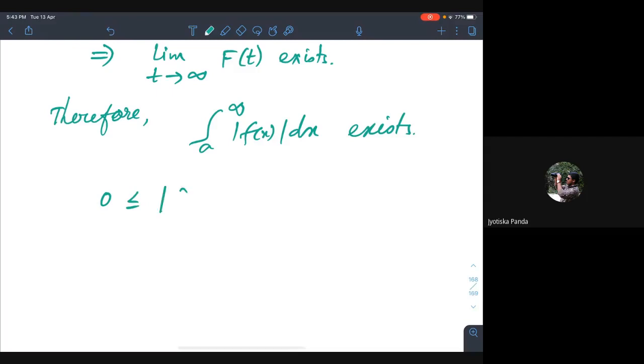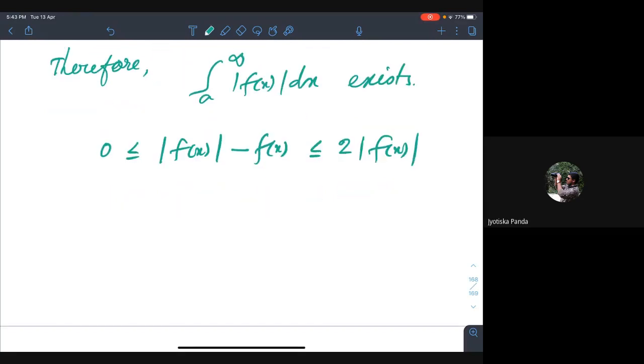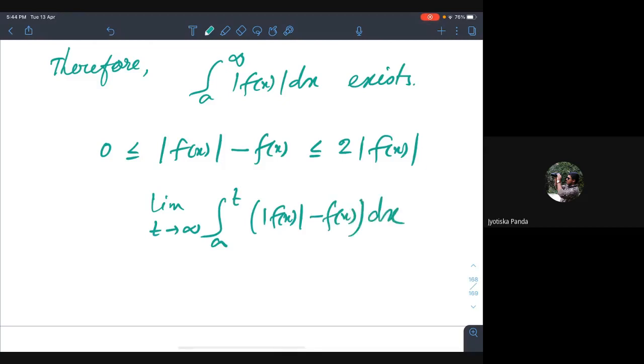Let's look at this one. |f(x)| minus f(x), which is also less than or equal to 2|f(x)|, right? Now look at the limit as t tends to infinity of the integral from a to t of (|f(x)| minus f(x)) dx, which is less than or equal to the limit as t tends to infinity, where 2 will come out, of the integral from a to t of |f(x)| dx.